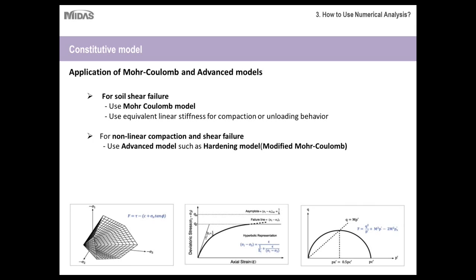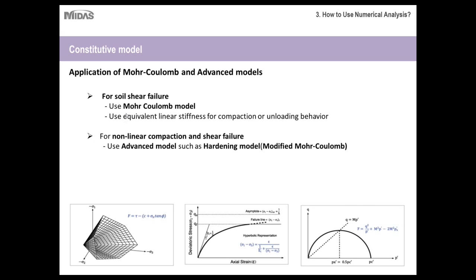As you can see here, for the application of Mohr-Coulomb and advanced models, I will refer to modified Mohr-Coulomb as advanced models or hardening model so that there is less confusion. For soil shear failure, we use the Mohr-Coulomb model, and we also use equivalent linear stiffness for compaction or unloading behavior.